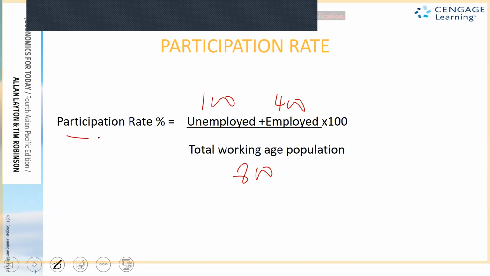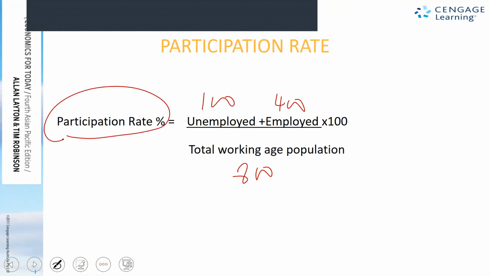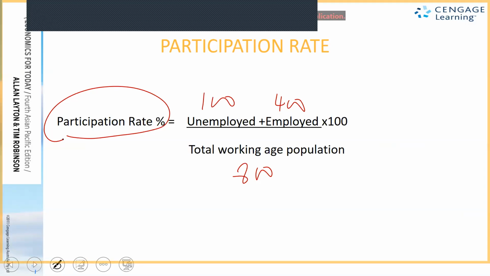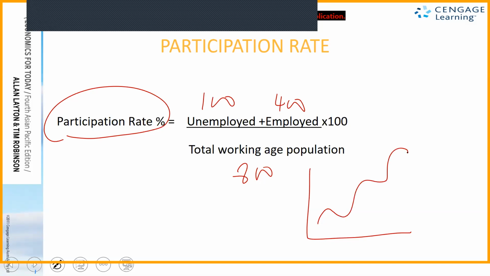Now, why is this participation rate important? It is very important to look at whenever you are evaluating or assessing any unemployment data, because there is a possibility, let's say the economy moves from a downtrend to the uptrend. You know what these are, business cycles, right? Here you have the GDP and this is your time.